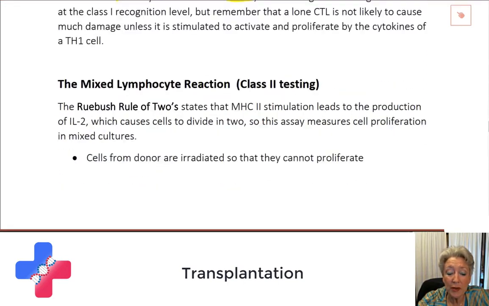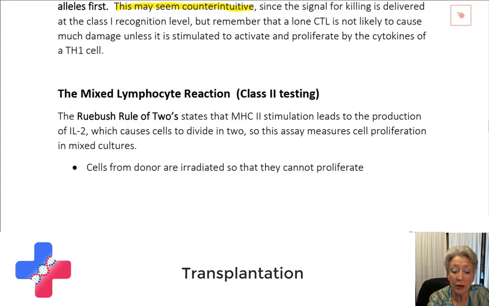Now, let's start with MHC class 2 testing, okay? MHC class 2 stimulation leads to the production of interleukin-2, which causes cells to divide into 2. So in this assay, I'm going to measure cell proliferation.